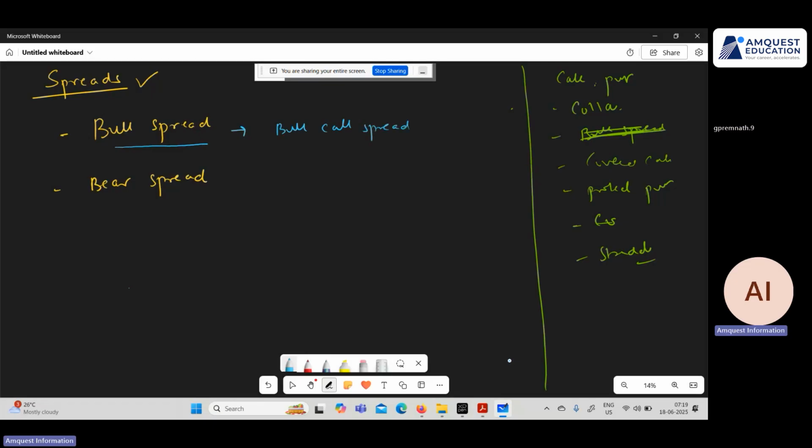Although obviously there is a product called bull put spread, if I'm just saying bull spread, it is assumed that I'm looking at bull call spread.